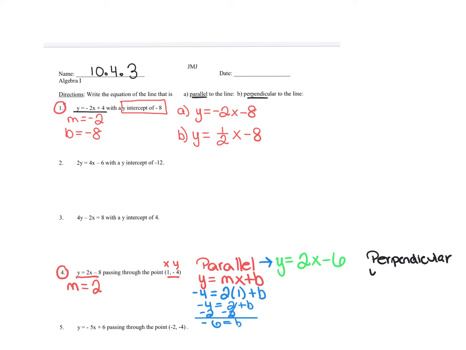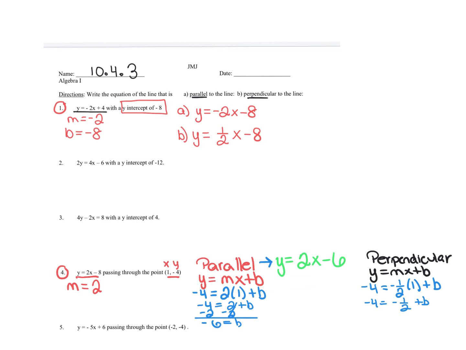y equals same slope with that new b value. Now perpendicular. Still going with y equals mx plus b. We know our y value for going through the points, -4. My slope is the negative reciprocal, -1/2, times that point, finding the intercept. -4 equals -1/2 plus b.